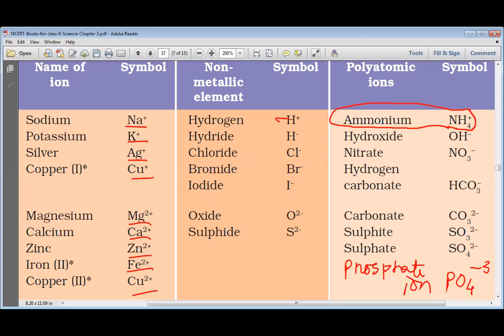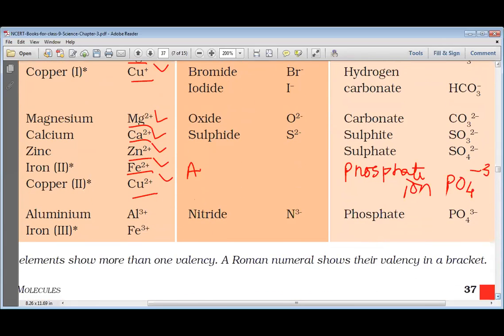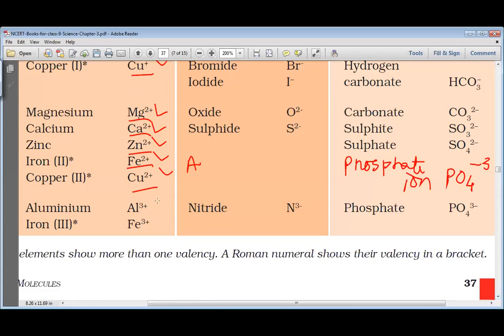These all are cations because they all have positive charge. The positive charge can be plus 1, plus 2. There is one ion which is known as aluminium ion. Yes, they are written here. See, aluminium ion, iron 3 ion, they have plus 3 charge. Phosphate ion is also written, which has minus 3 charge. Nitride ion also has minus 3 charge.